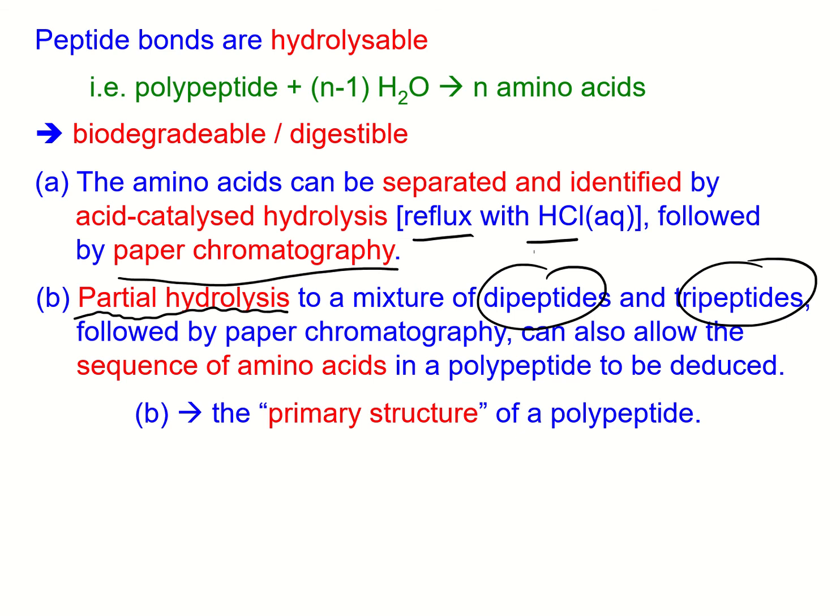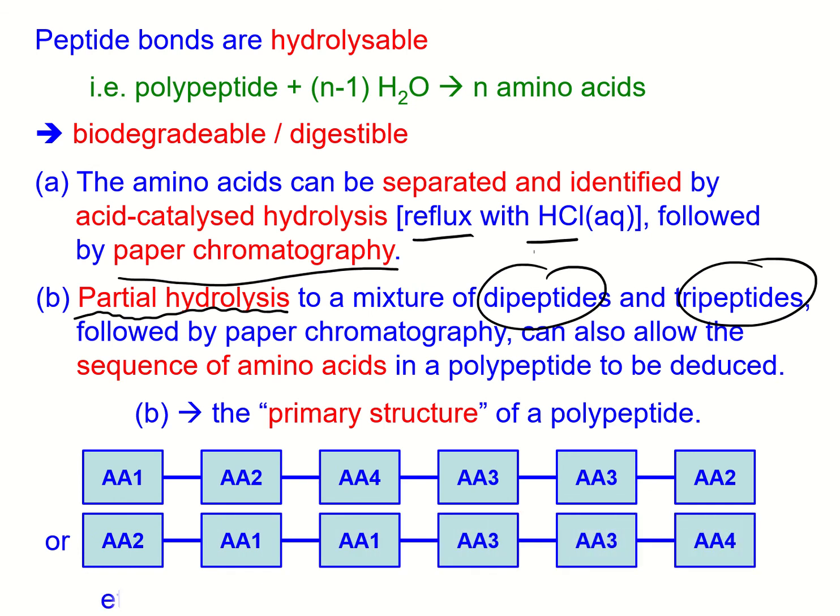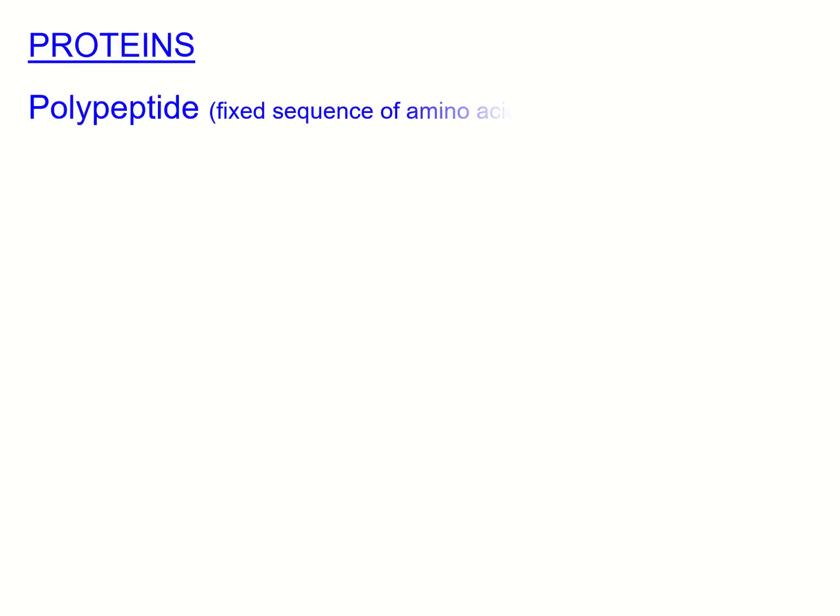In other words, the sequence in which the amino acids come in that polypeptide or protein structure, like so. Okay, so amino acid 1, 2, 4, 3, 3, 2, etc. And that's the primary structure of an amino acid. It's just the sequence in which those amino acids come in.